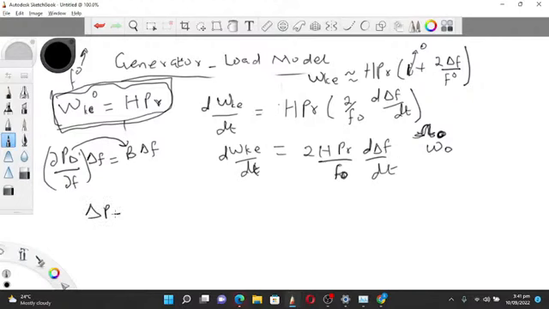Change in P generated minus change in P demanded gives us 2 HPR over F naught d delta F dt plus B delta F. Now this is power. B is also a rate of change of power. So if we divide through by our PR here, then we'll get everything in per units. You will see that expression in the slides somewhere.